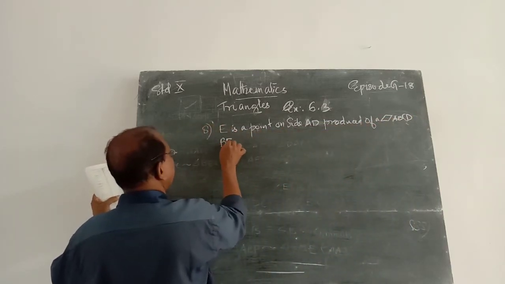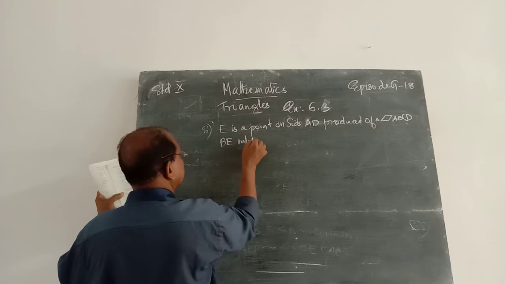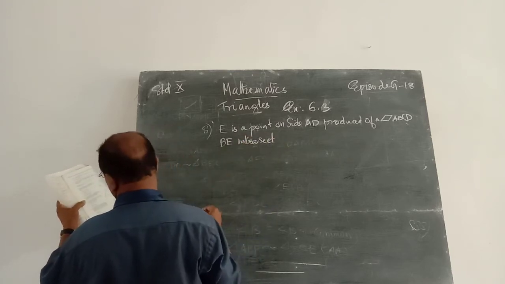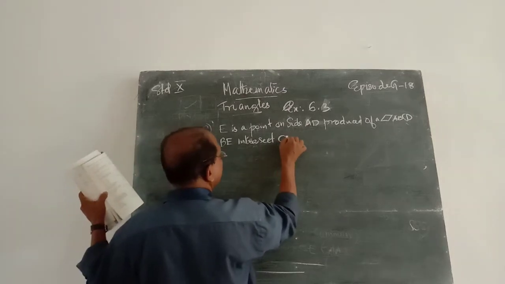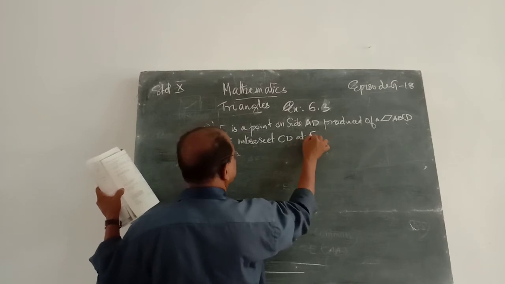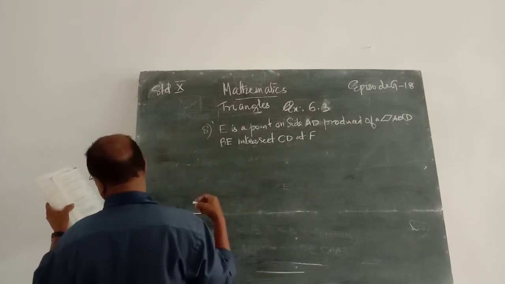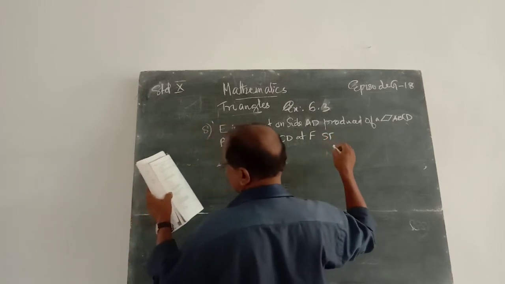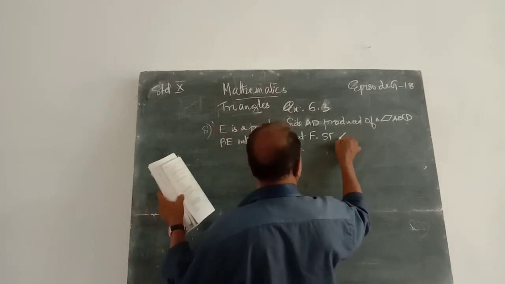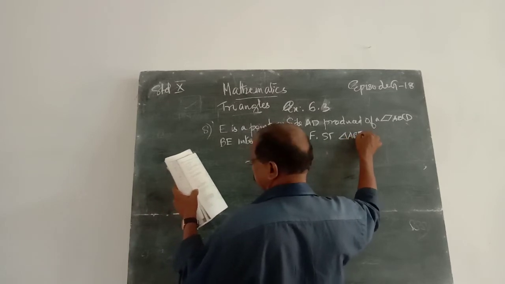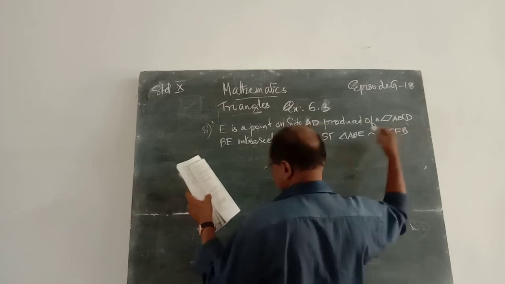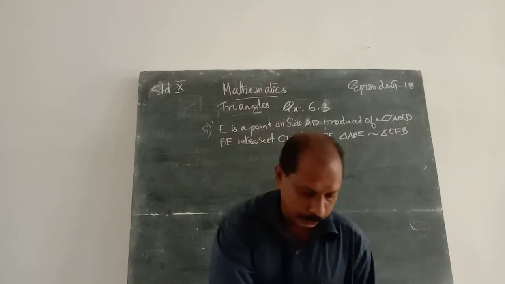BE intersects CD at F. Show that triangle ABE is similar to triangle CFB. This is the next question.